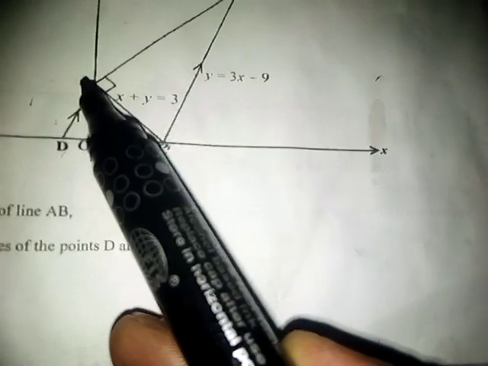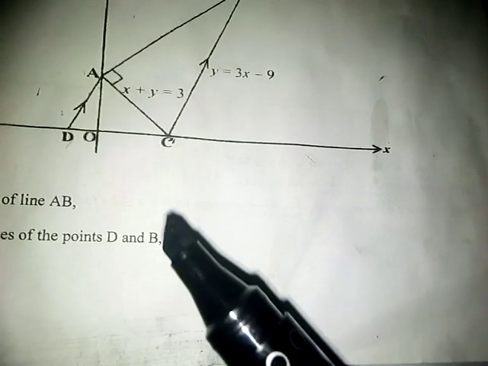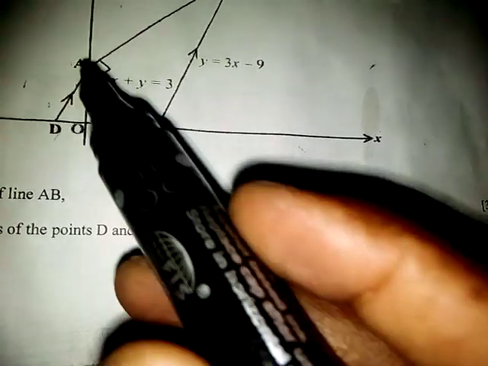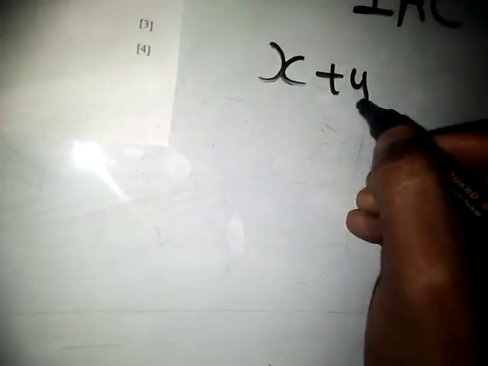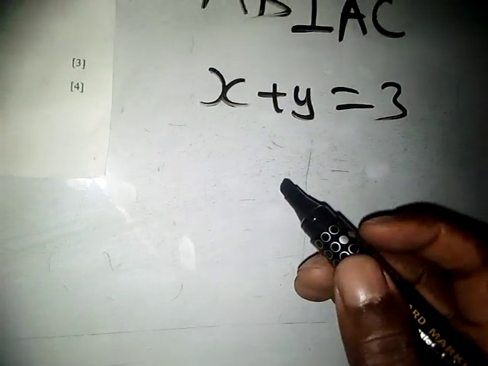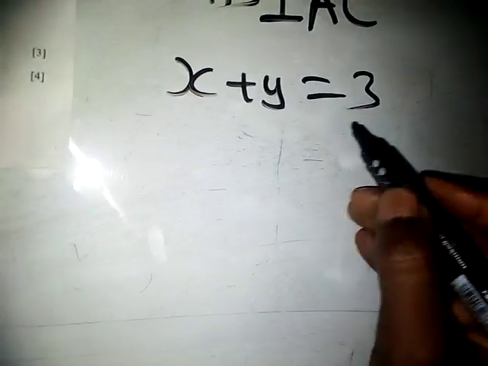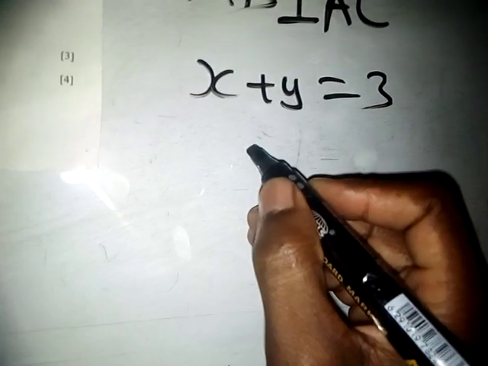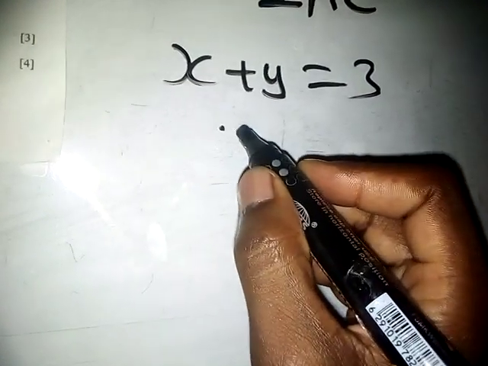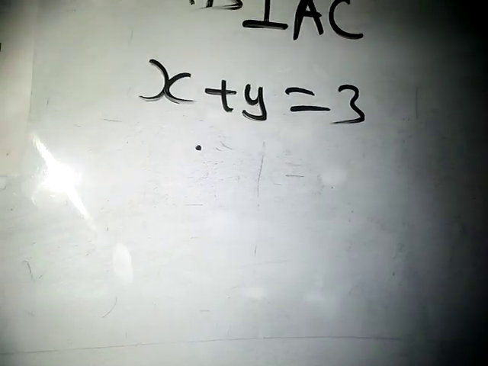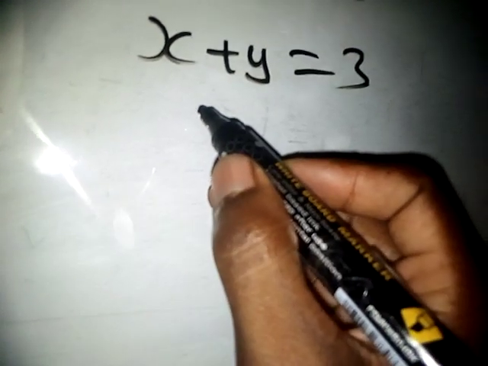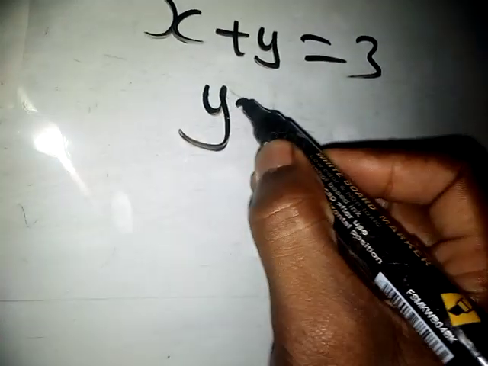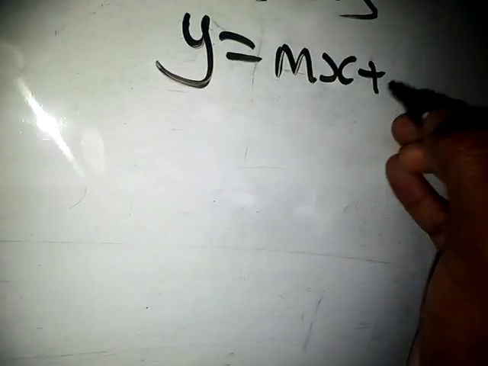given the equation of line AC here, we're going to write the equation of line AC first. The equation of line AC is given as x plus y equals 3. So we're going to write this particular equation in the standard equation of a straight line form, which is y equals mx plus c.